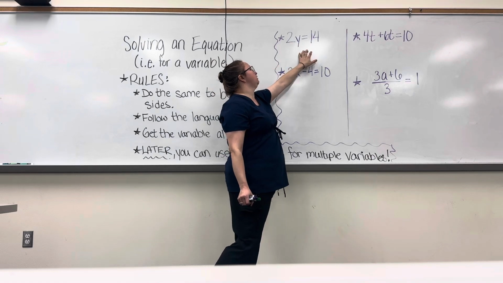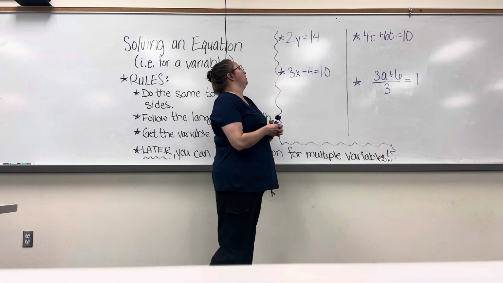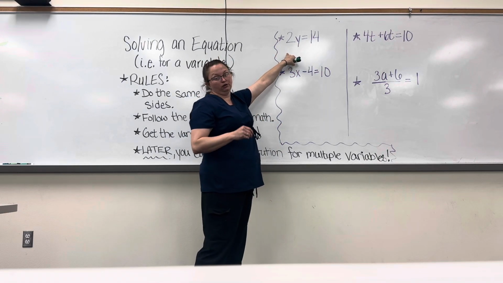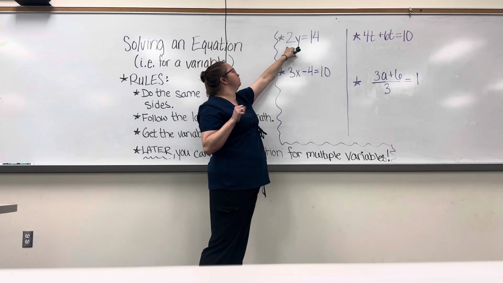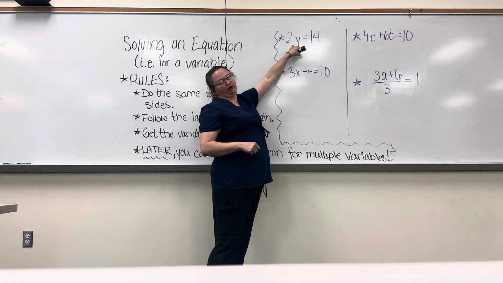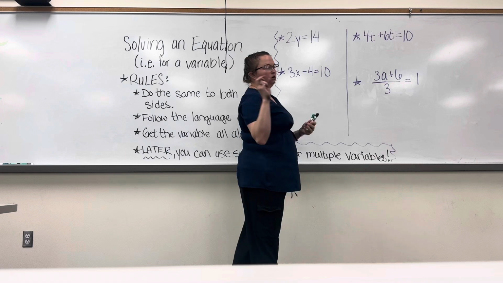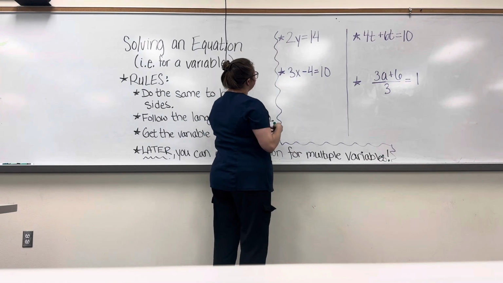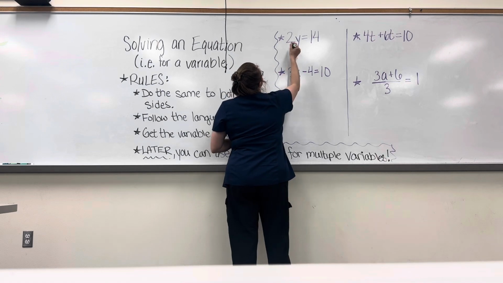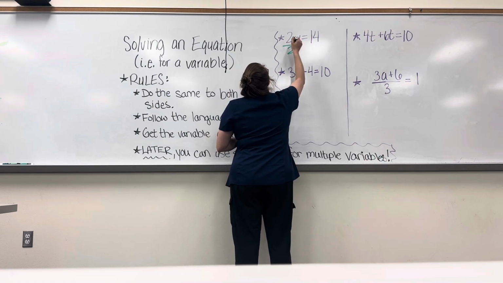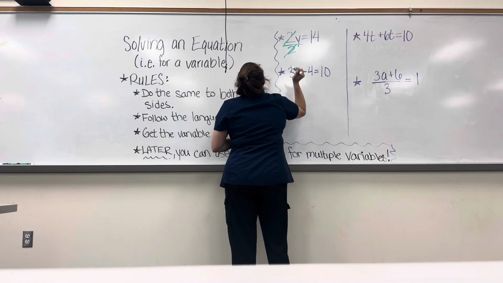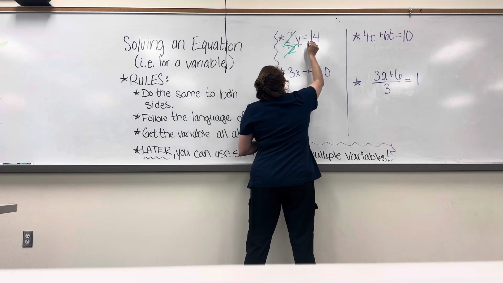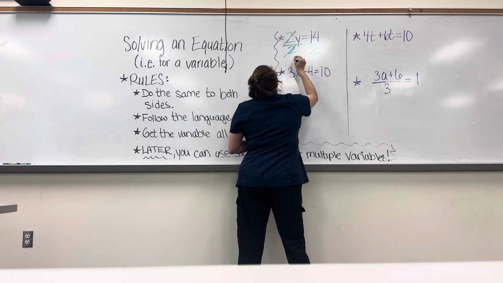2y equals 14. To get the y all alone, you're going to divide by the whole number 2 or multiply by the reciprocal, however you look at it. So you divide both sides by 2. 2 over 2 is just 1, so they cancel out. 14 over 2 is 7.